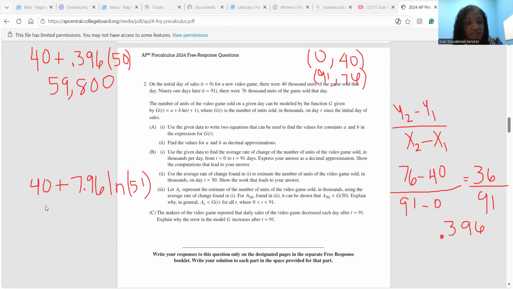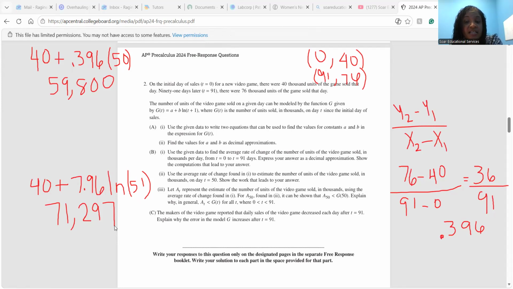And that answer gave us about 71,297. So as we can see, using our average rate of change, assuming that it's a constant relationship, gives us a smaller answer. So A of 50, the average rate of change estimate on day 50, is less than G of 50, the function that was actually given, the more accurate relationship.